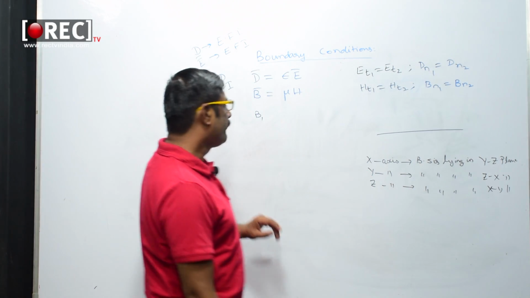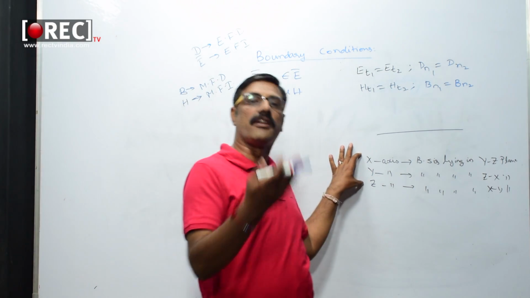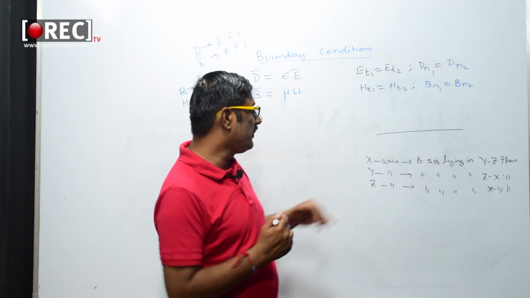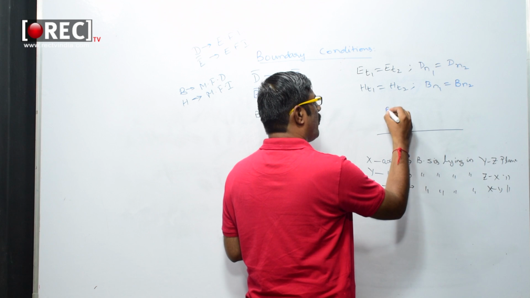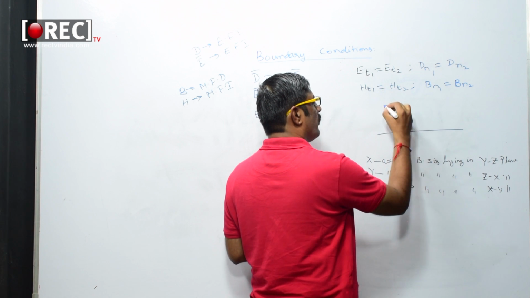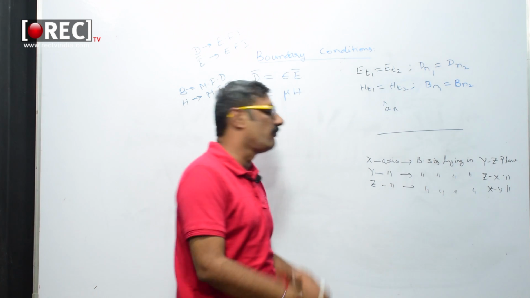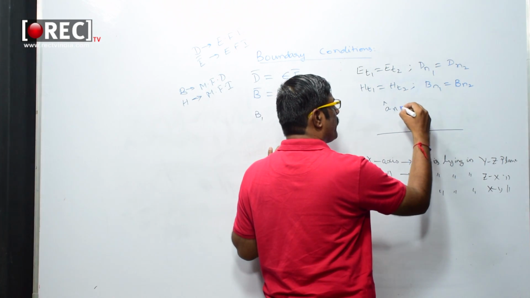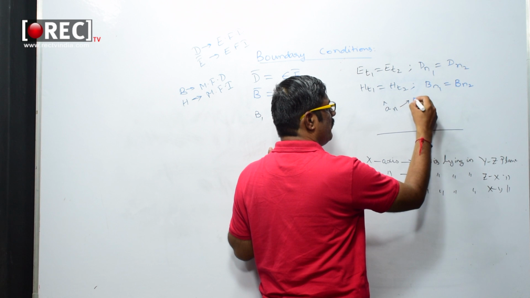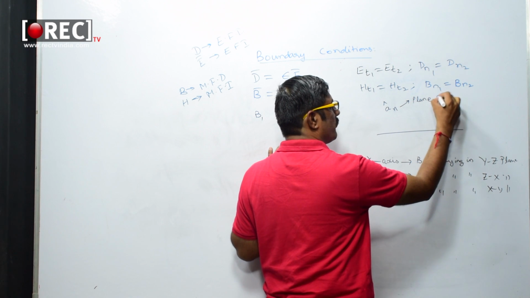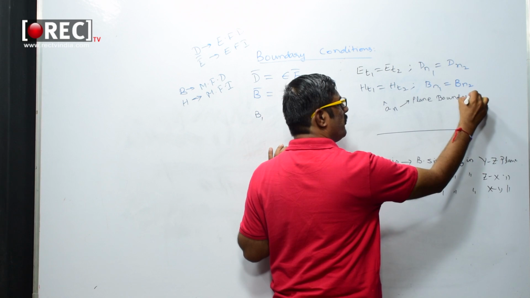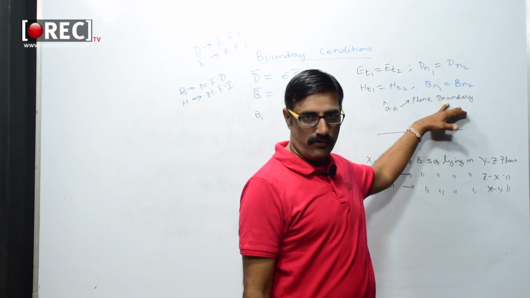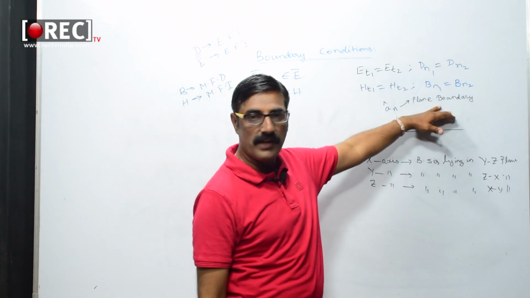Now, after identifying the plane which contains the boundary surface, next we need to determine its unit normal vector a_N. The boundary can be of two types. One is a general plane boundary, where the equation of the plane will be given to you.